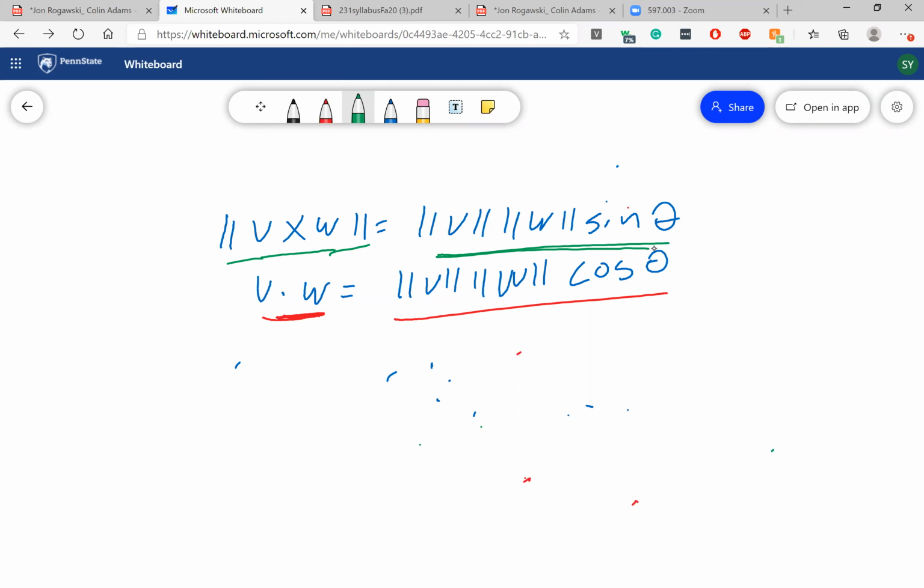So in fact, the cross product to some degree plays the role of sine, and the dot product to some degree plays the role of cosine.